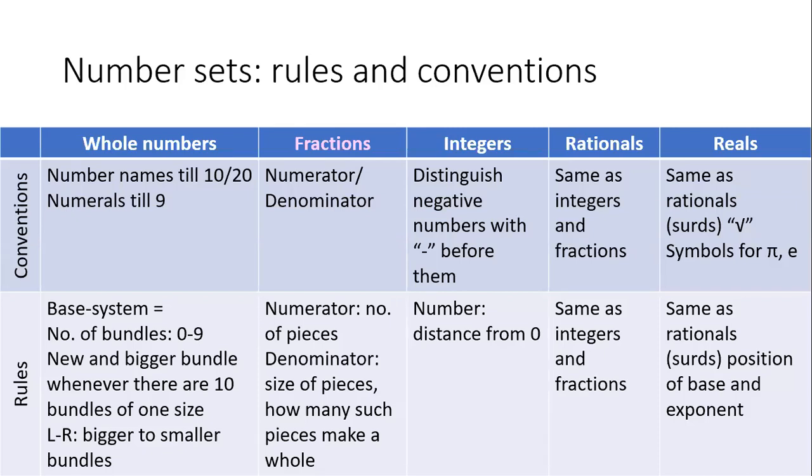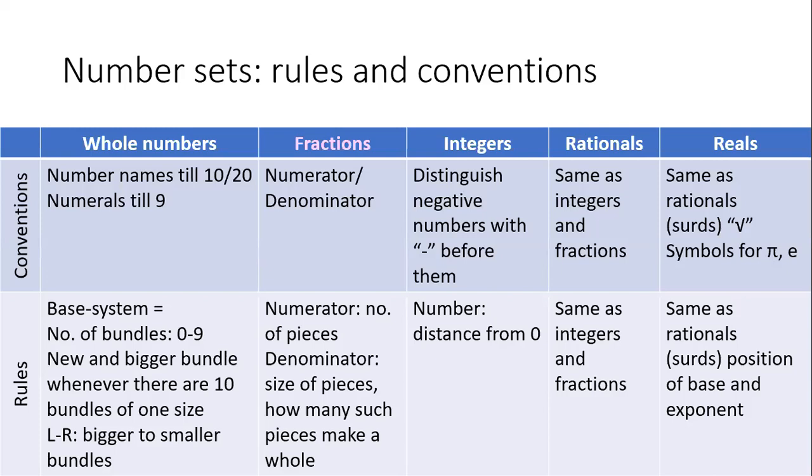Now coming to the third part, in terms of writing numbers, etc. That's where you have the rules and conventions. For whole numbers, the number names up to 10, 20 are pretty arbitrary in most languages. The numerals till 9 are arbitrary, so they vary from language to language.